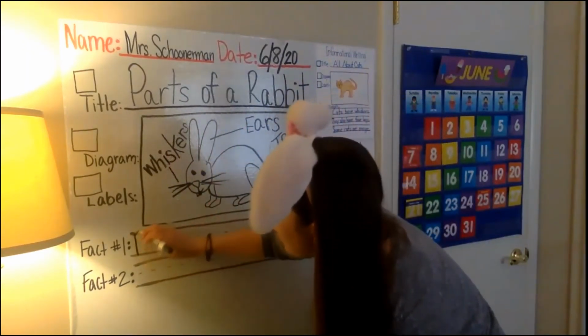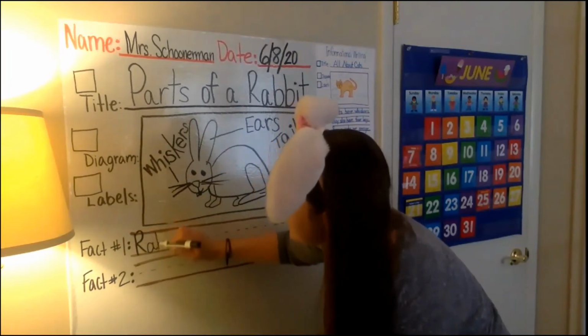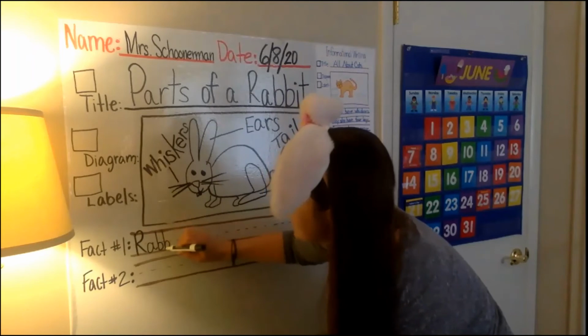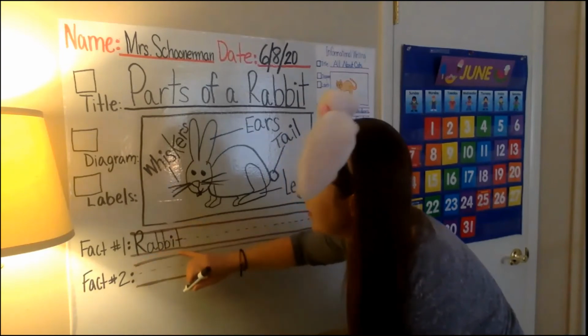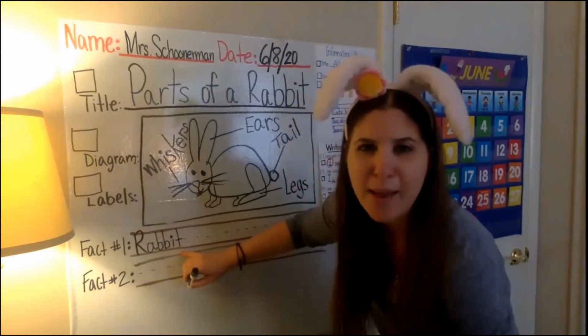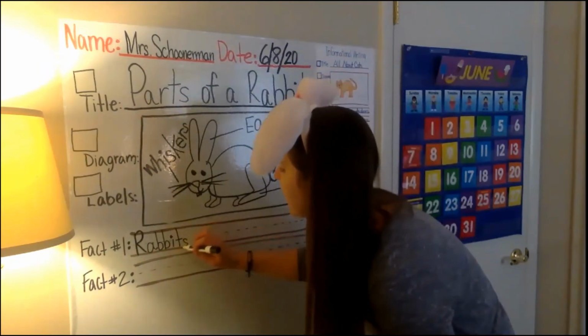So R, A, B, B, I, T, rabbit. How do I make it say rabbits? Add an S, yep, rabbits.